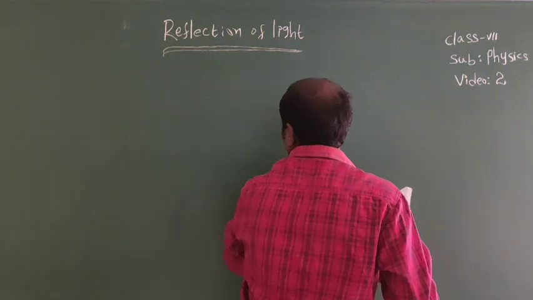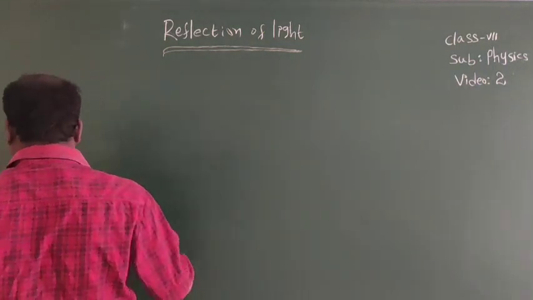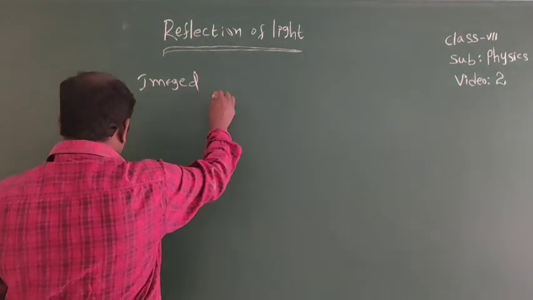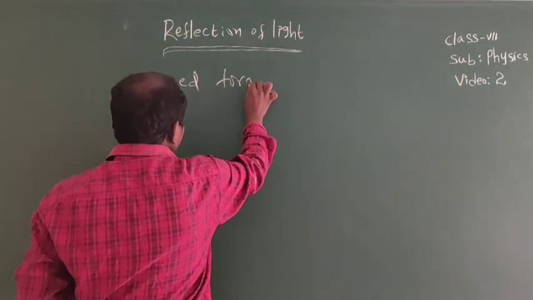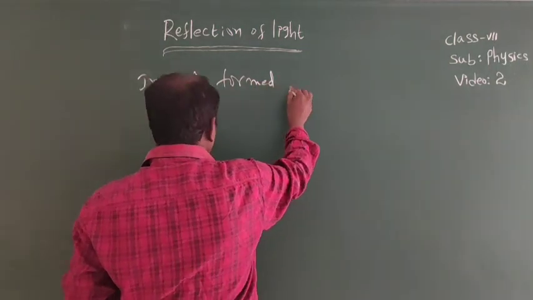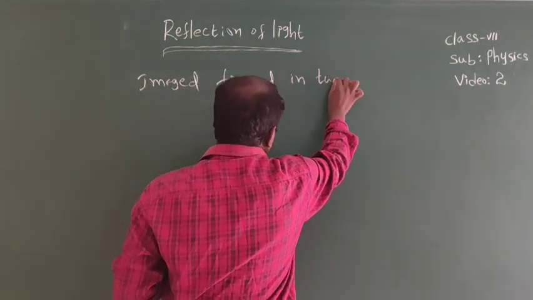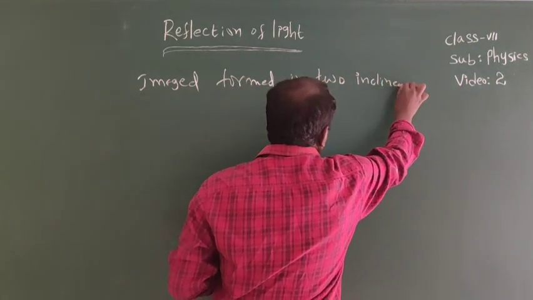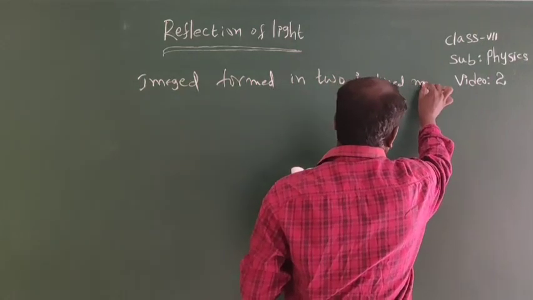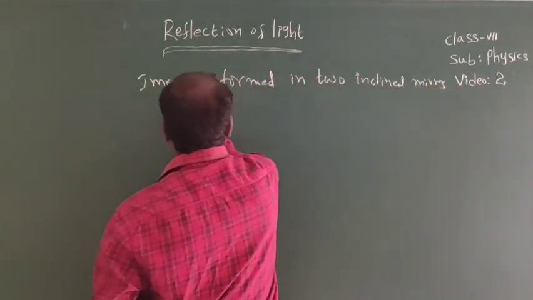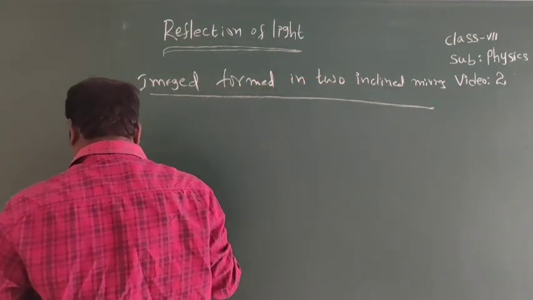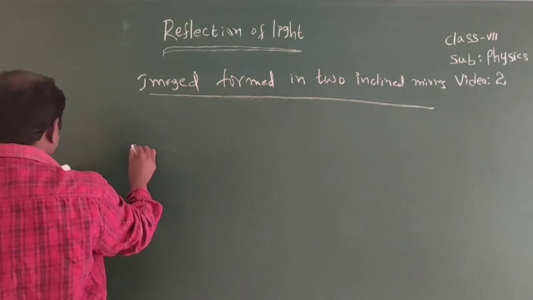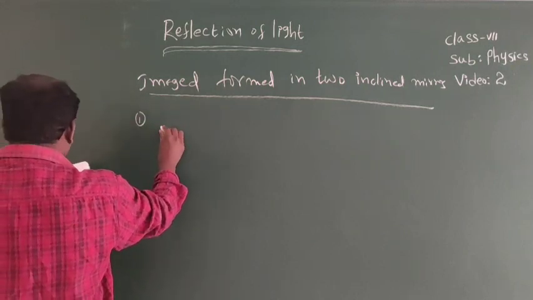So you have to write once again: number of images formed in two plane mirrors, two inclined mirrors. The number of images depends on the angle between the two plane mirrors.